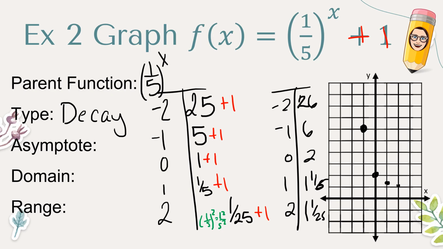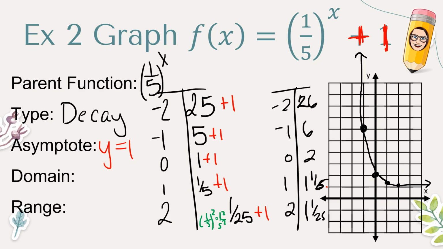And so now, if I use the shape of my hand, I have the perfect decay function. But notice what I'm approaching. Very specific. We have a vertical shift of +1. Because it's +1, my asymptote will be at y equals 1.